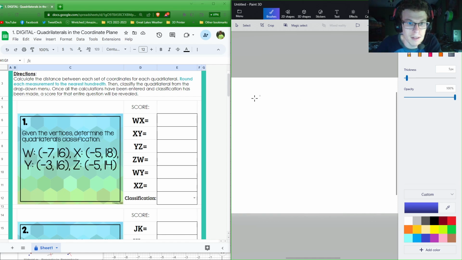Let's first of all find the distance between WX. That's the first one we have here. Okay, so square root of x2 minus x1, negative 5 plus 7, because those are your x coordinates for your points, the quantity squared, plus the quantity 18 minus 16, the quantity squared.